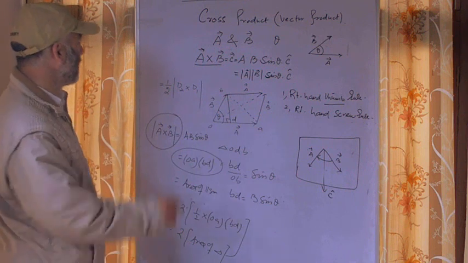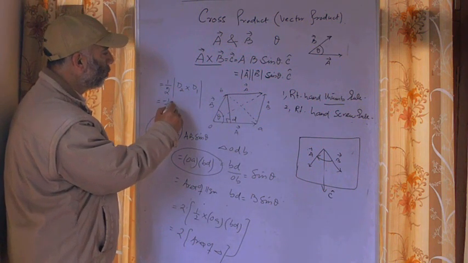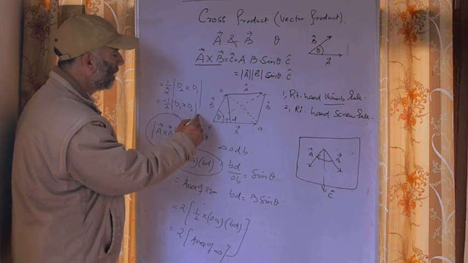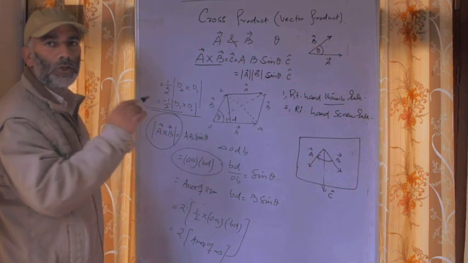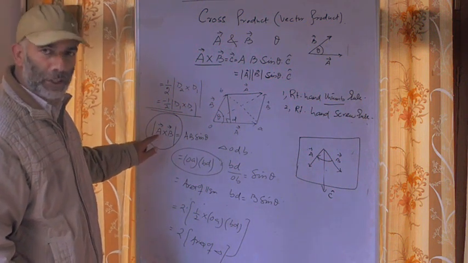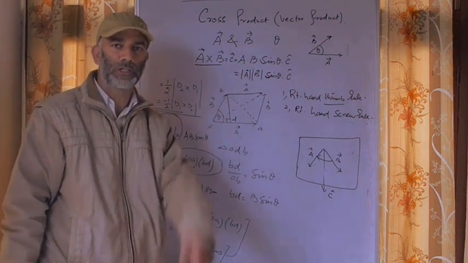Or in some books it is written as minus 1 by 2 into d1 cross d2. This is the geometrical meaning of the cross product of the two vectors: the magnitude of the cross product is equal to the area of parallelogram, or it is equal to twice area of the triangle.